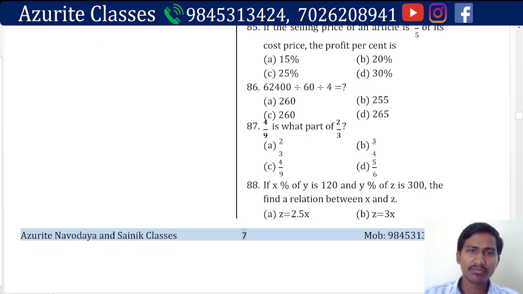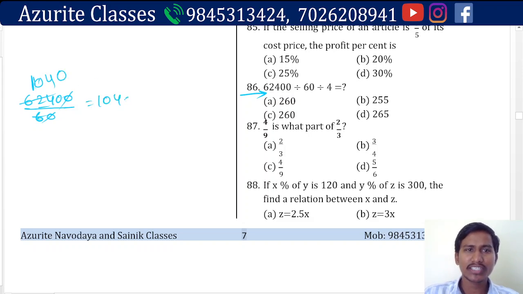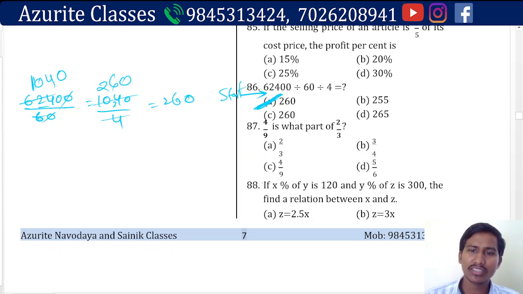So 62,400 divided by 60. So 10 10 cancel. 6 how much? 6 1s are 6, 6 4s are 24. Okay, so then 0 here. So 1040 divided by how much? Again 4. So this answer divided by 4. So 4 2s are 8, 4 6s are 24, 0. So 260 will be the answer. So option A. Okay, so when there are 2 or more divisions, first we do from the starting. First from the starting you have to divide and get the answer.